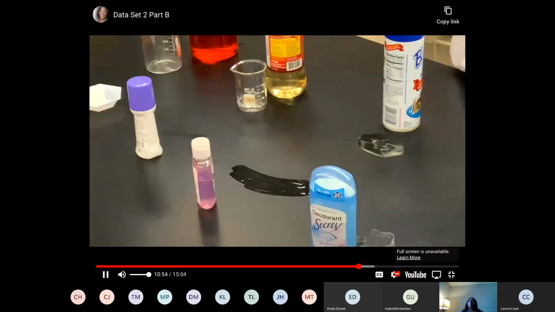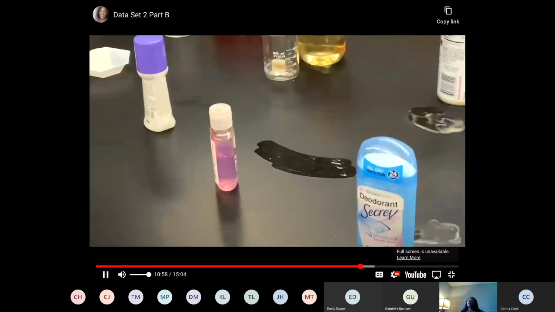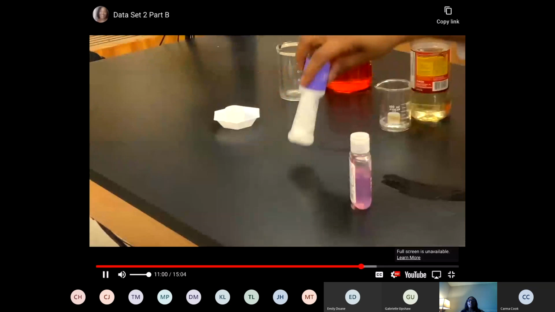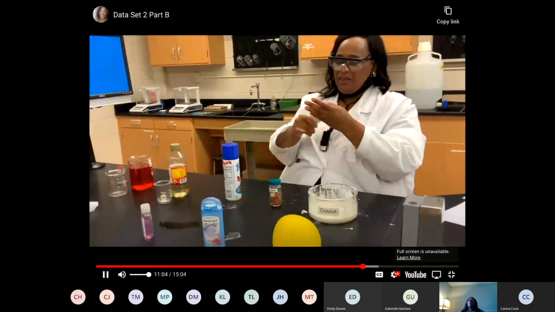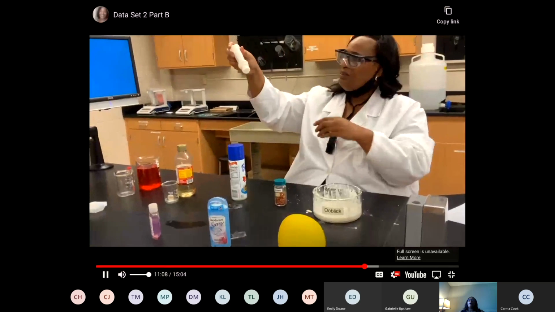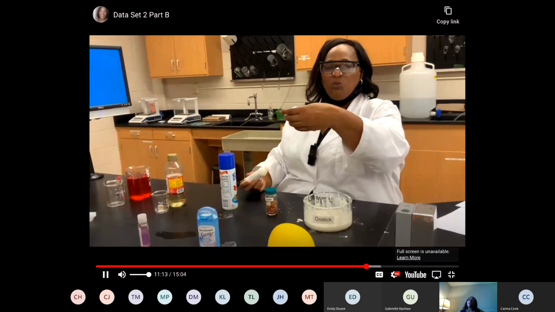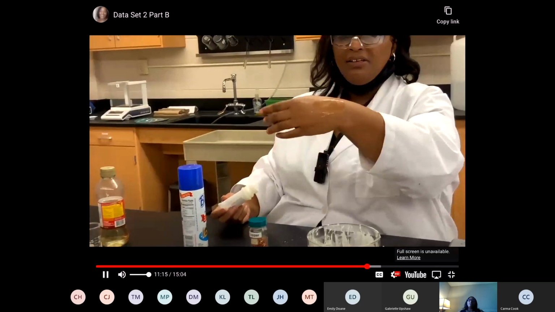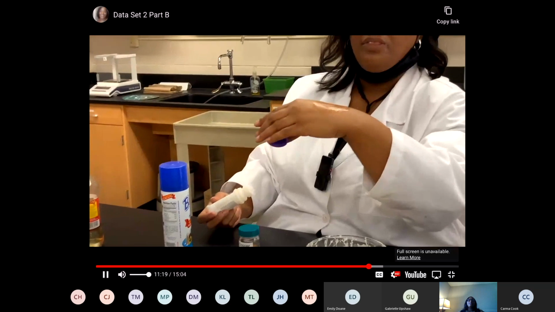And if any of it evaporates, that means that at room temperature, there are some components in that hand sanitizer, in that deodorant, in that Baker's Joy, that at room temperature and under normal atmospheric pressure, convert to gas because they evaporate. That's what evaporation is, the conversion of a substance from a liquid to a gas.